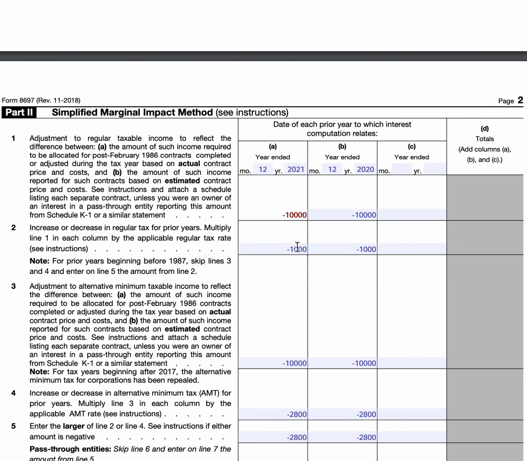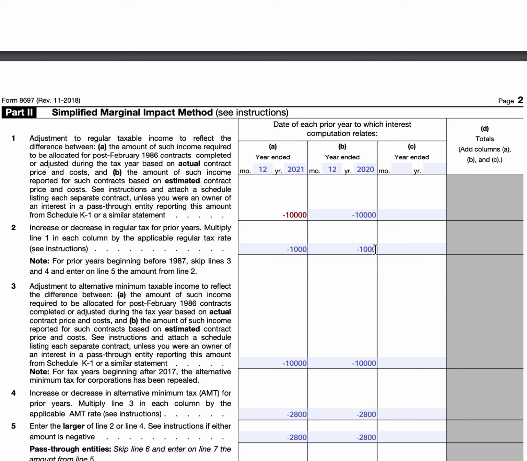And then we entered the increase or the decrease in tax for each of those years. So we used the tax liability, basically the 10%. If you went to the form instructions, they actually give you tax rates based on each year. So for 2021, if you're an individual, which John Doe is, we would be filing at the 37% tax rate and calculating there.